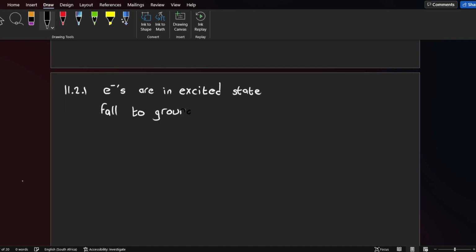And when they fall back to the ground state, which is the original energy level in which they were found, they emit energy as light, and that corresponds to a certain frequency and wavelength.